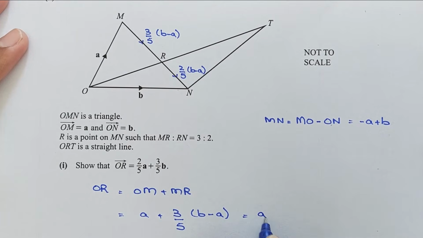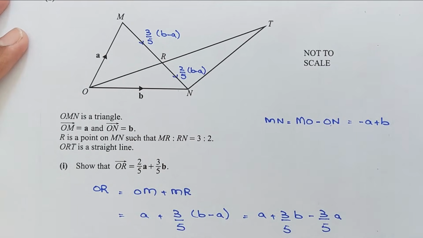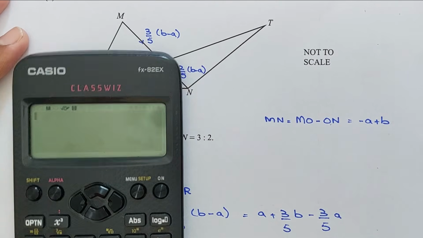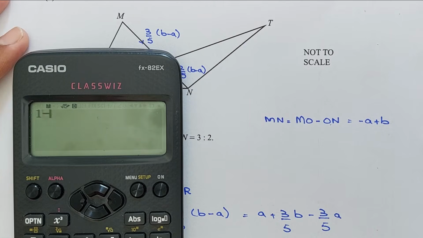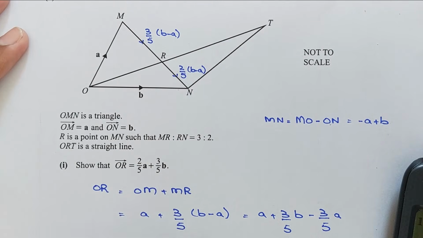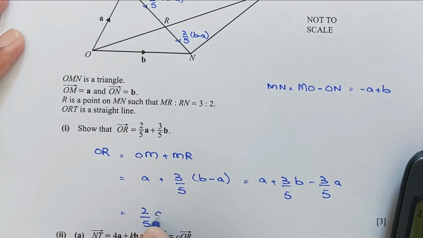So that is going to be A plus 3 by 5 B and minus 3 by 5 of A. So simplifying the coefficients of A. 1 minus 3 by 5, that is 2 by 5. So A coefficient is 2 by 5 of A and 3 by 5 of B, which is OR.